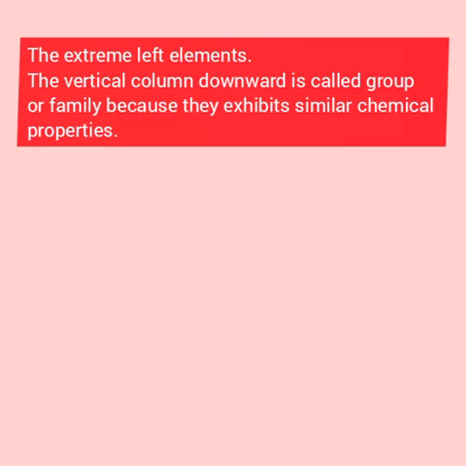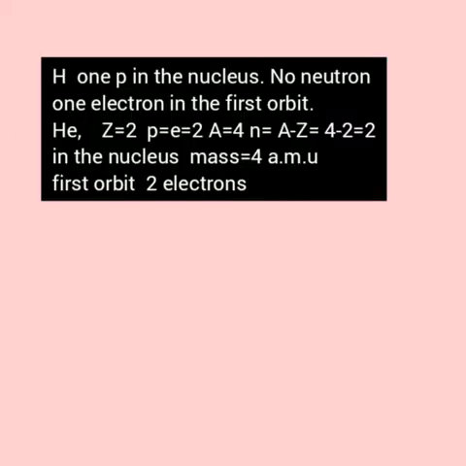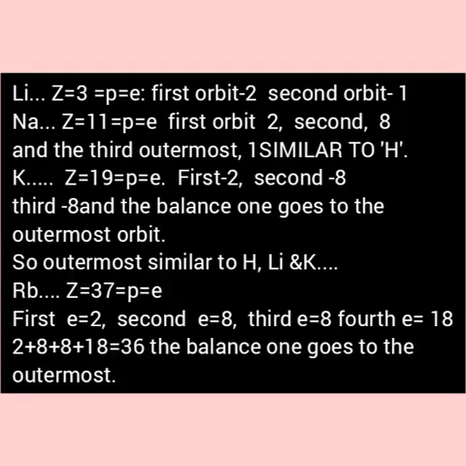Let us write the atomic structure of hydrogen. Put one proton in the nucleus and only one orbit around it, with one electron there. It is finished. Then draw the atomic structure of helium-2. Inside the nucleus there will be 2 protons and 2 neutrons, and the first orbit will have 2 electrons.